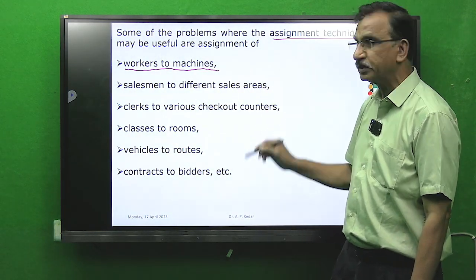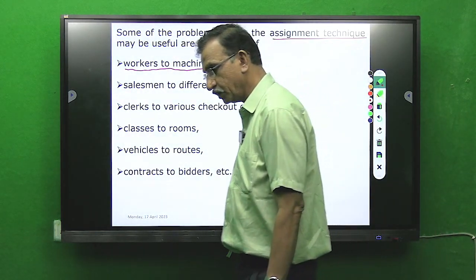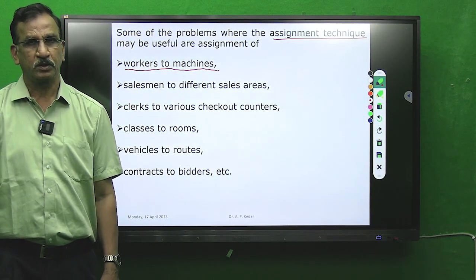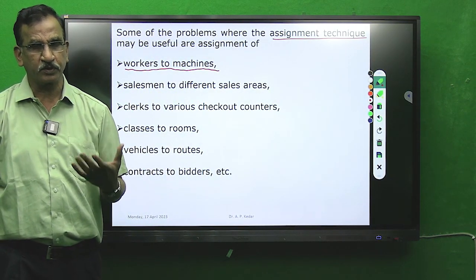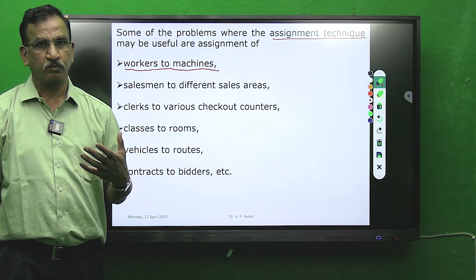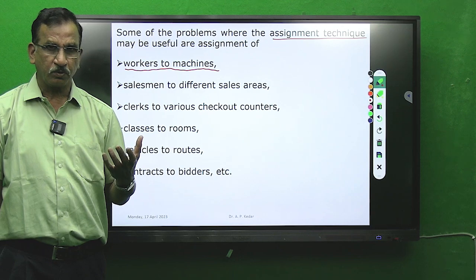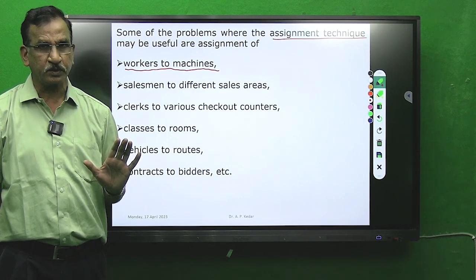Salesmen to different sales areas. We know the example of medical representatives, who are moving from different cities to various other cities, and they are residents of one particular city.